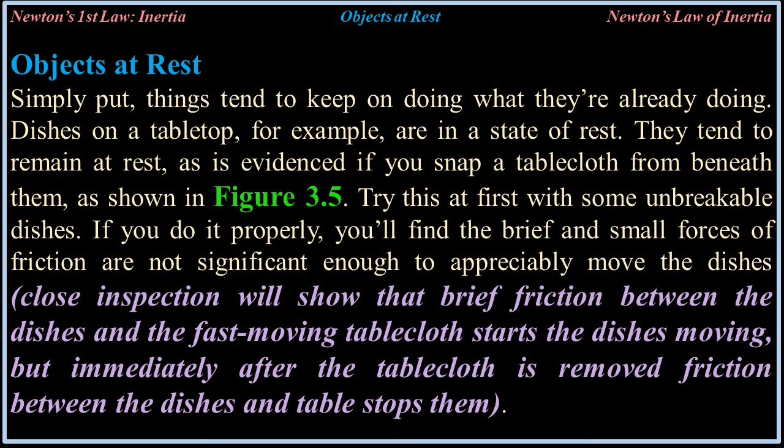If you do it properly, you'll find the brief and small forces of friction are not significant enough to appreciably move the dishes. Close inspection will show that brief friction between the dishes and the fast-moving tablecloth starts the dishes moving. But immediately after the tablecloth is removed, friction between the dishes and the table stops them.